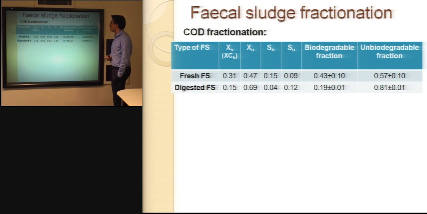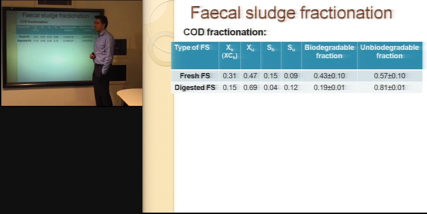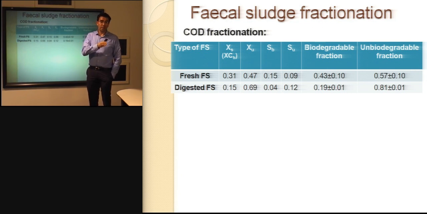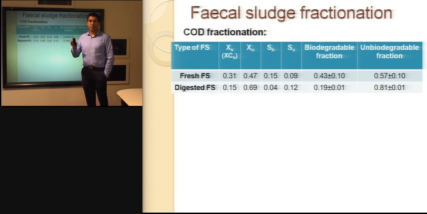For example, in wastewater treatment, based on different research developed in the last 25 years, it has been possible to come up with a fractionation of the organics present in the wastewater based on the biodegradability of these organics, but also attending to how these organics can be present in the system, either in a suspended or particulate way, or in a soluble or more dissolved nature.